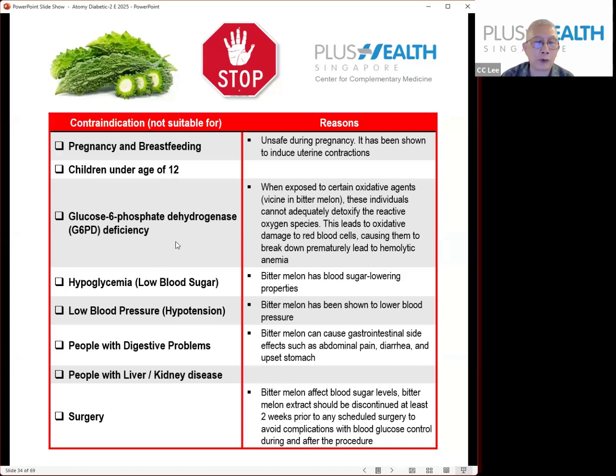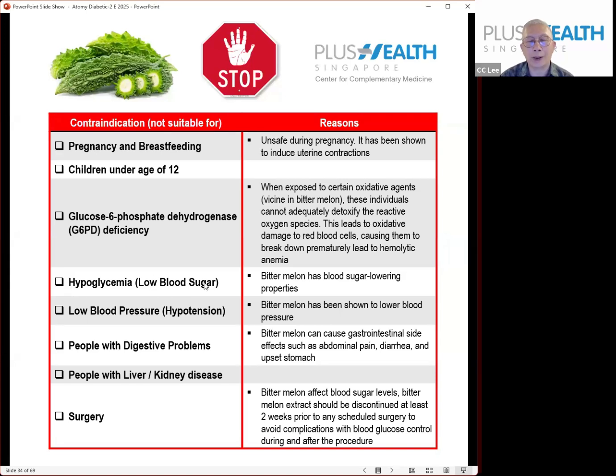People who suffer from G6PD deficiency, a genetic deficiency which causes your blood cells to break down earlier. This is about 1 to 2% in the Chinese population in Asia, I think. So people suffering from G6PD deficiency should not take bitter melon, right?